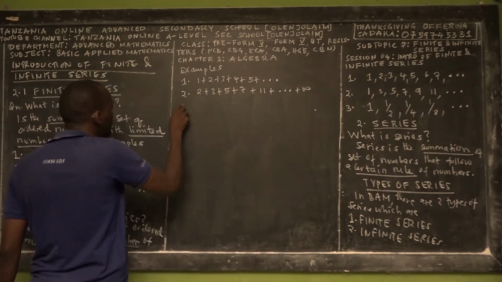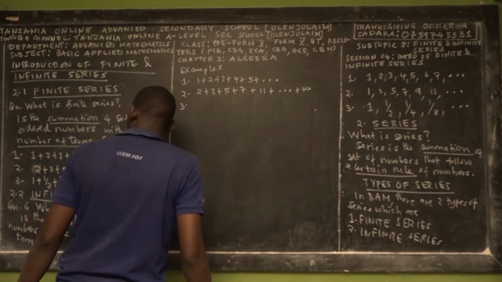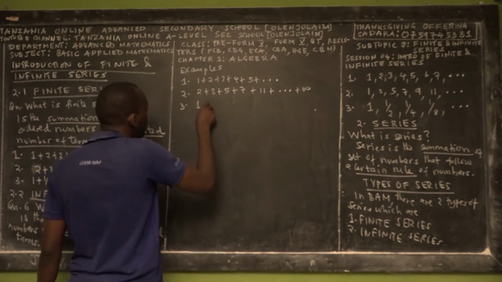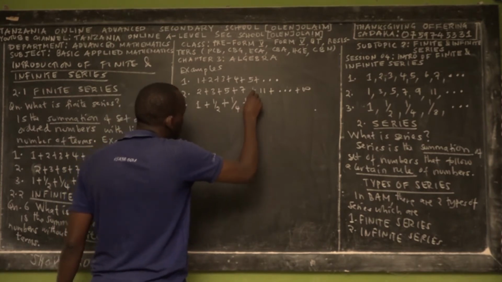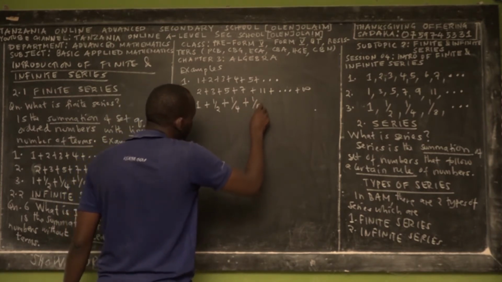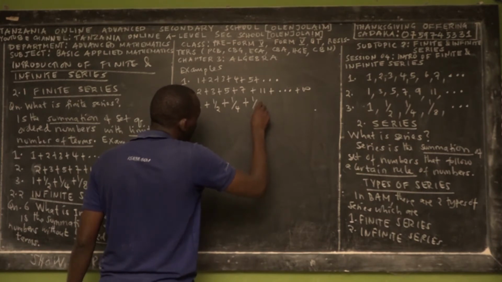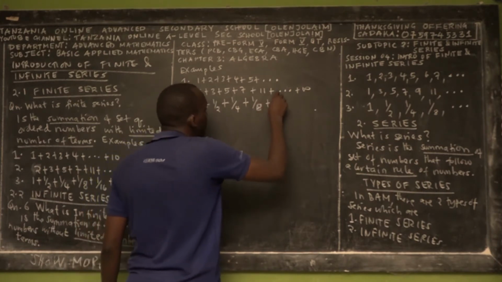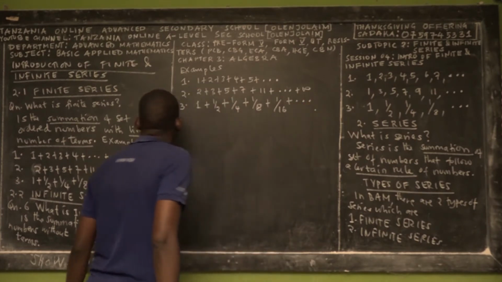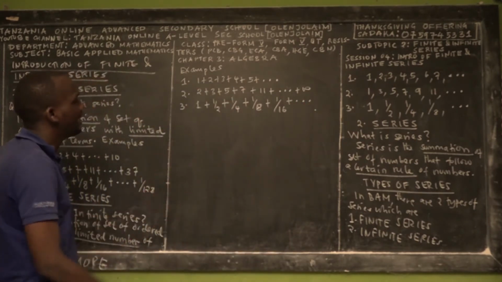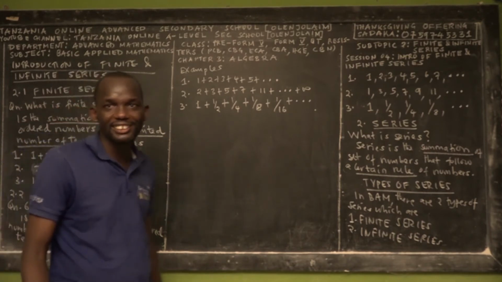Sometimes you can find it like that. Then the third example, we have what? 1 plus a half plus 1 over 4 plus 1 over 8 plus 1 over 16 plus and so on. So these are three examples of infinite series.